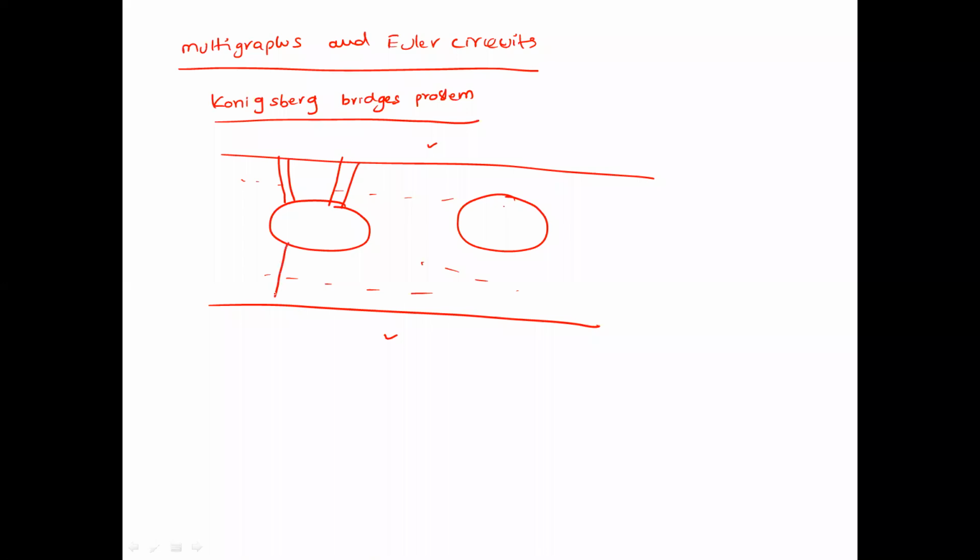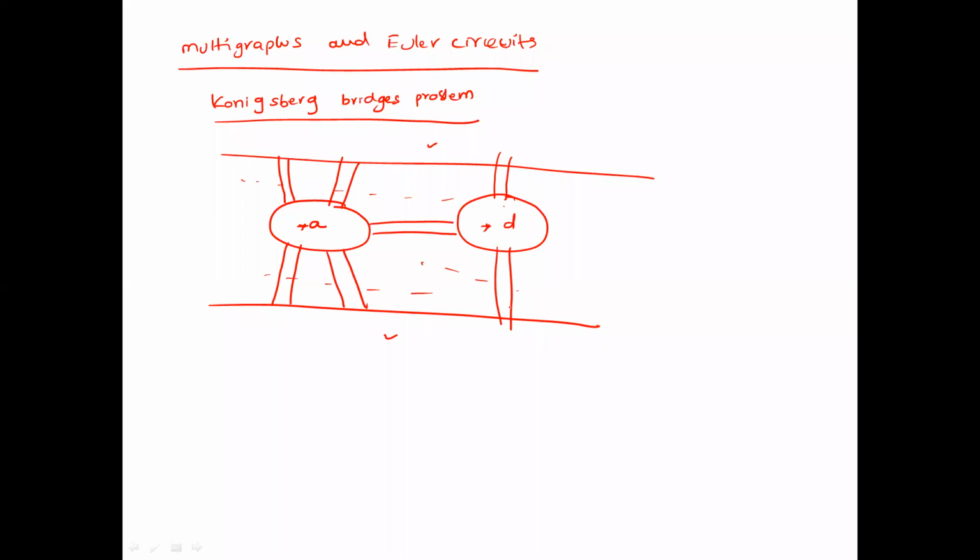Similarly, 2 bridges like this from this bank to this island. Let's call this island A, and this one D. The second island also has bridges, one like this and another like this.